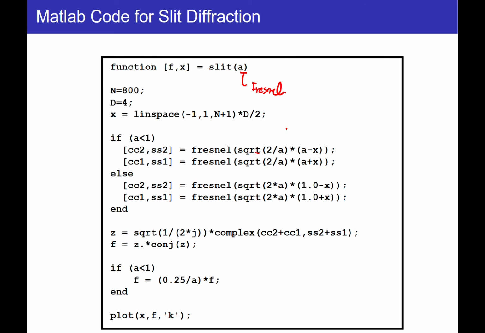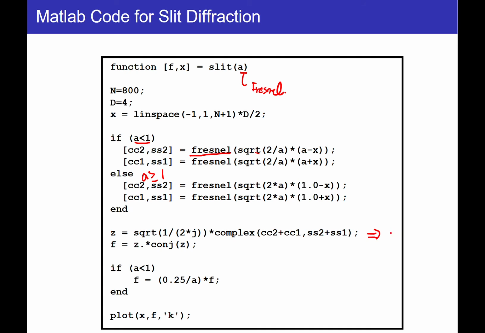It is using the same Fresnel routine in Matlab coding, and then it calls Fresnel here. So if the Fresnel number is less than 1 or else, that means A is something, and then we get this value and this value here, and then we get this one.